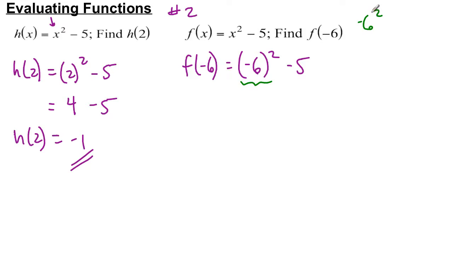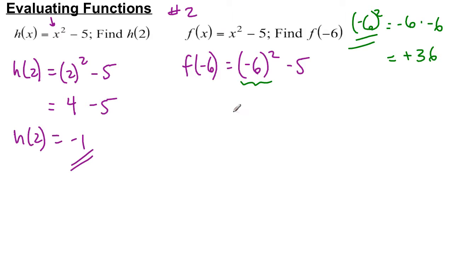Negative 6 squared is negative 6 times negative 6, which is going to be positive because negative times negative is positive, and then 6 times 6 is 36. So you have to put those parentheses there, otherwise it's not going to be positive here.